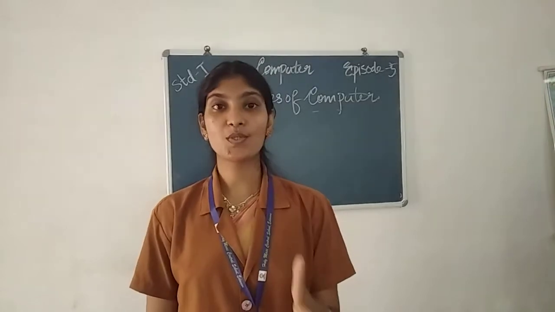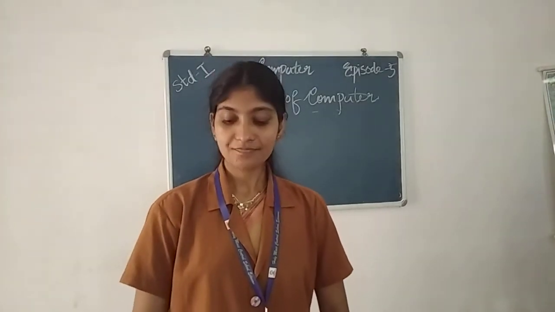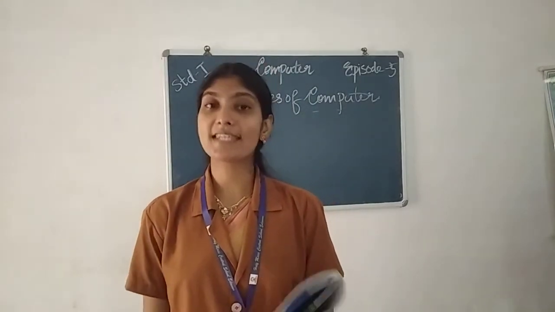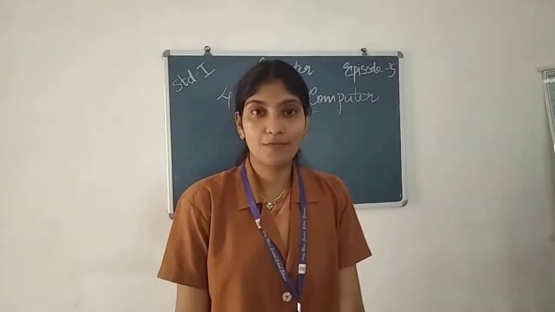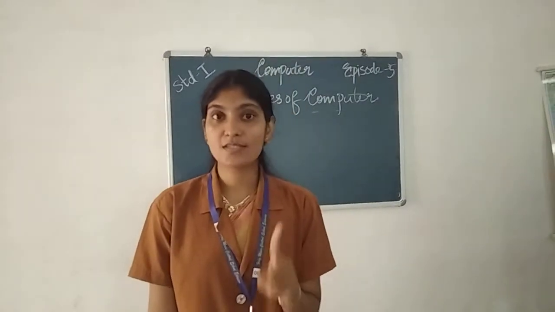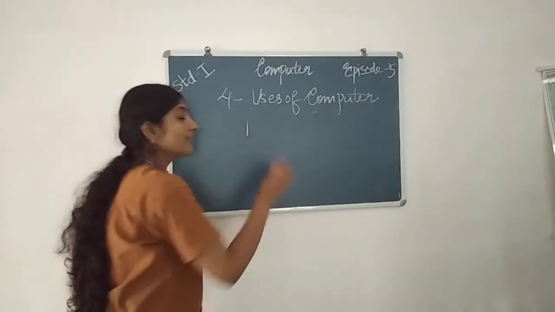What are the uses of computer? So look at the picture in your textbook. Computers can be used for drawing pictures. First use, computer is used for drawing pictures. So first use is what?